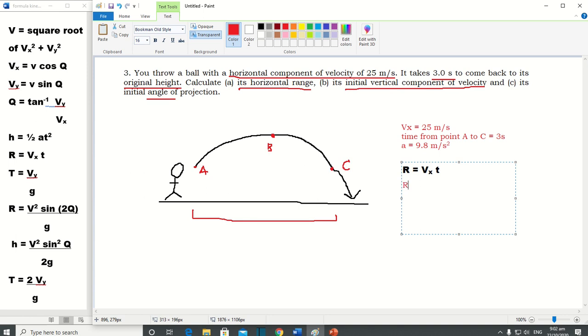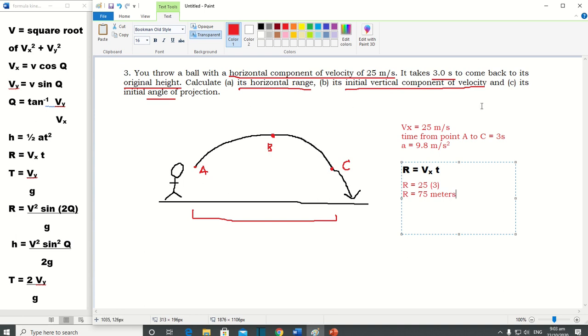Substitute: range is equal to v sub x, 25, times our time, 3 seconds. So 25 times 3 is 75 meters. That is our range. So the first question is answered.